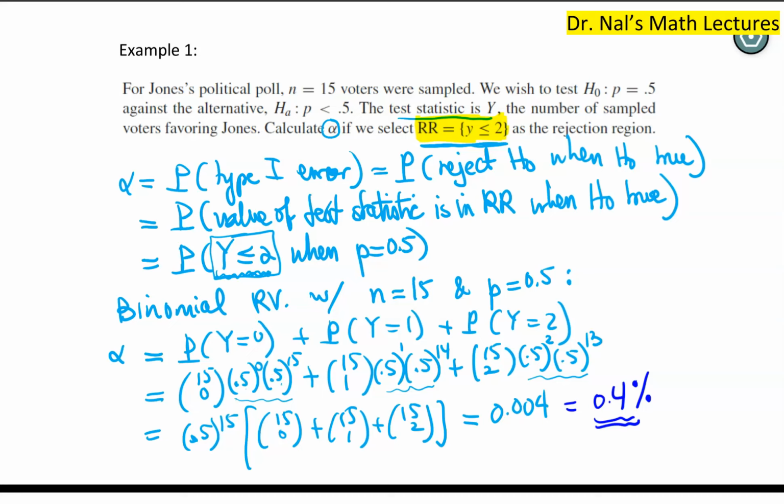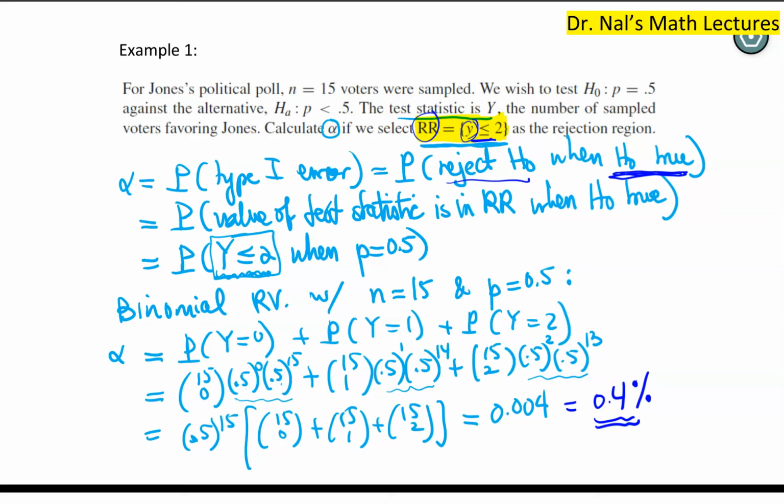So we are saying here that if the null hypothesis were true, we would have only rejected it if it was in the rejection region, meaning y, the number of people supporting Johns in the sample, was either 0 or 1 or 2, right?